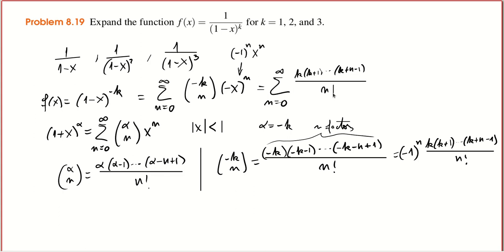And then minus 1 to the n from here, another minus 1 to the n from here, and then x to the n. So this is minus 1 to the n squared, which is equal to 1, so we can just cancel that.